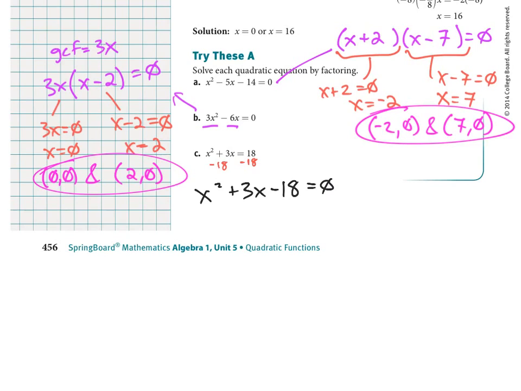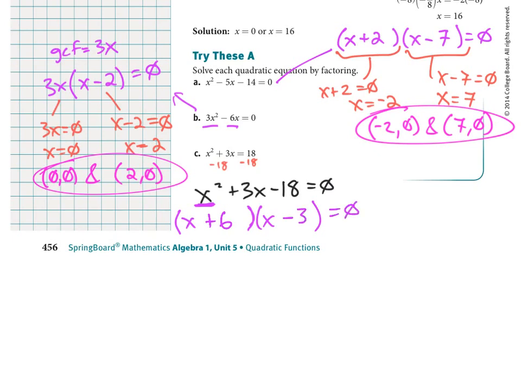Once you move everything over, it will be equal to 0. And now we are going to factor. We have one of our regular x squares, so it's going to be easy to factor. X times x for x squared. And we're looking at what multiplies to make negative 18, and then adds a positive 3 in the middle. So that should be positive 6, so plus 6, and then negative 3.